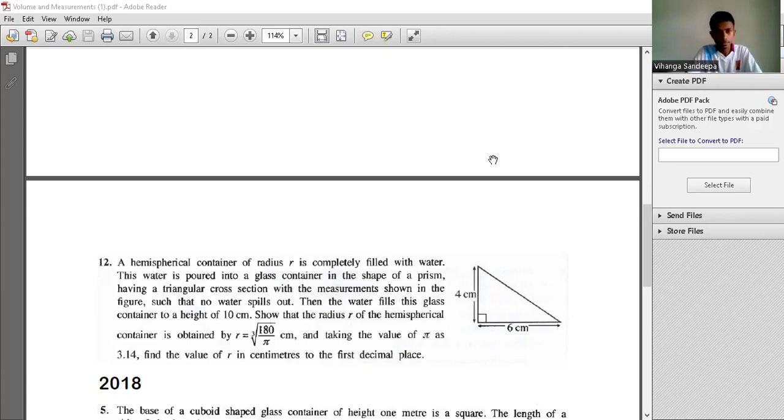In here, the volume of water contained in the hemisphere is poured to a right triangular prism of given measurements. So we have to get an equation for that. Try to solve this.